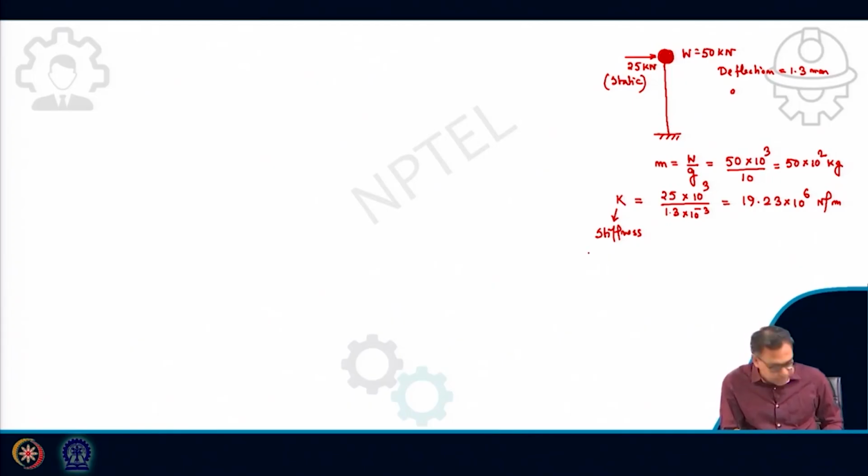Now what is the natural circular frequency? You know that omega 0 will be root over k by m.